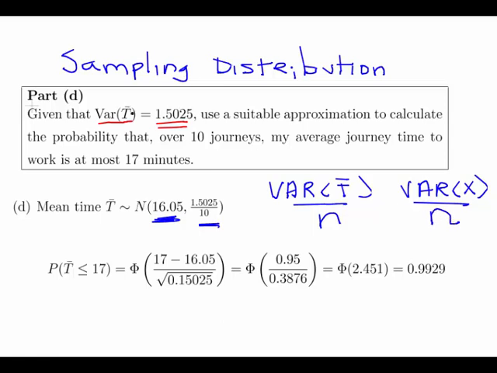Okay, so actually that should be a capital T there, with no bar on that. Anyway, so that works out to be a very straightforward normal distribution question. Z-score, phi function, tables, there's your answer, 0.9929. All right, so that's it there. Leave it there.